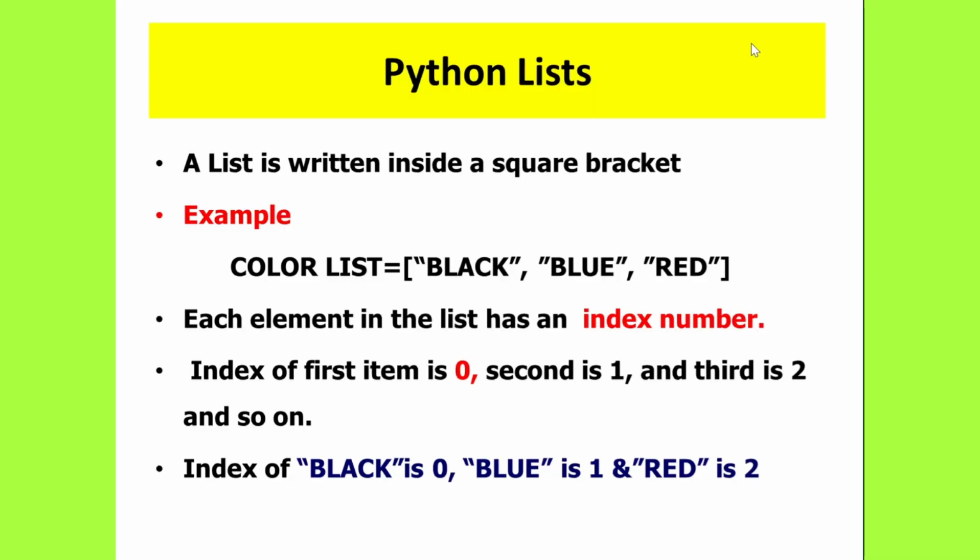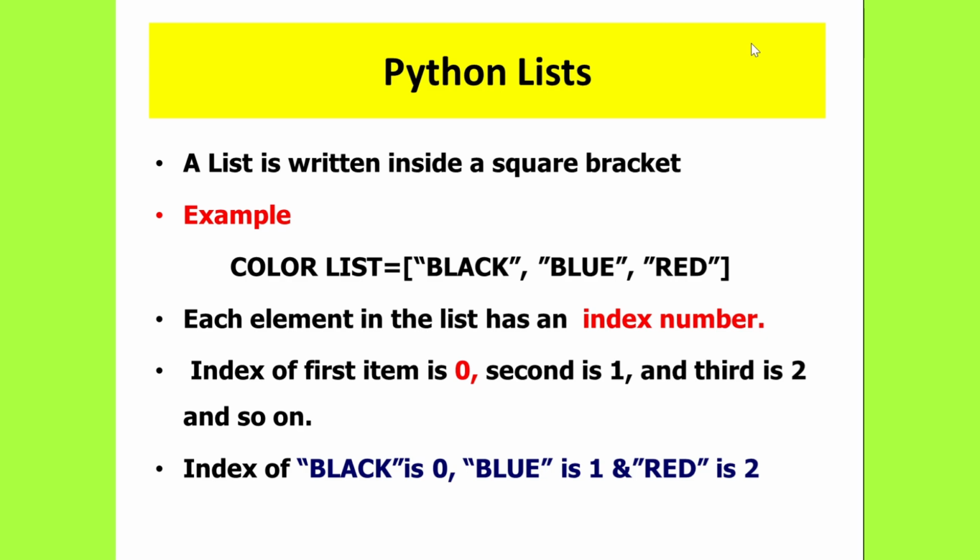Python lists. A list is written inside square brackets. Example: color list is equal to square bracket, black, blue, red. I have created a list of 3 items. Each element in the list has an index number.